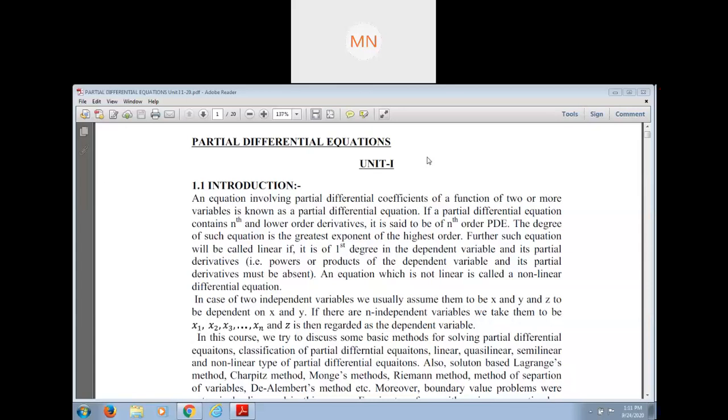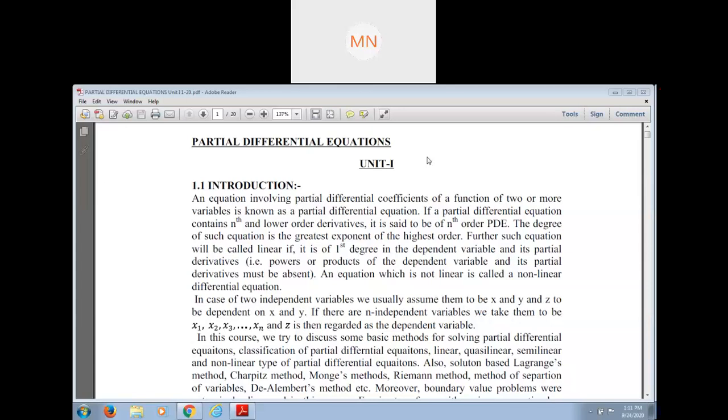Okay, and in case of partial differential equation, what does it mean? It is also a differential equation which consists of partial differential coefficient of a function of variables. In case of ordinary differential equation, suppose we differentiate y with respect to x.